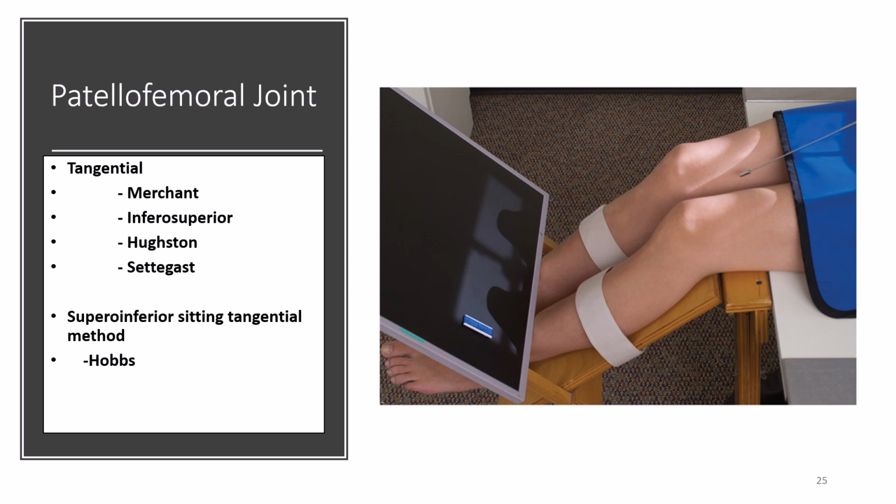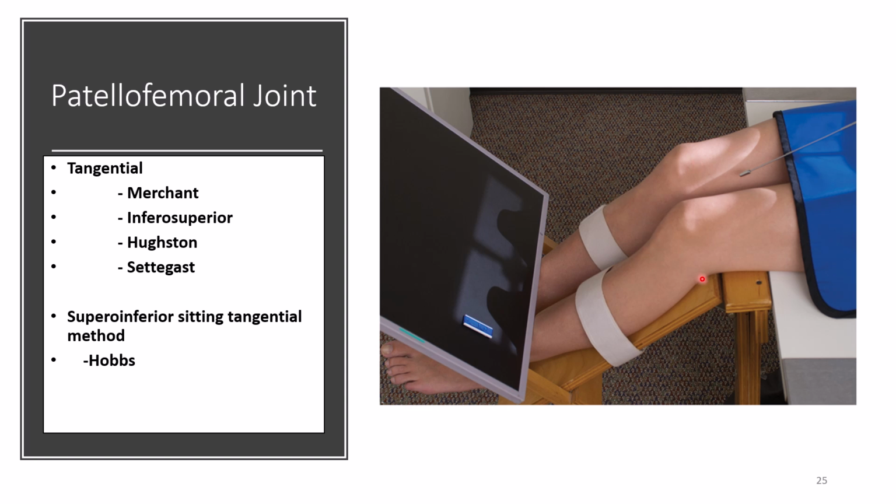These begin on page, let me find these for you, on page 259. This particular picture is the Merchant method, a bilateral Merchant method since you're doing both knees. Typically with the patella, the sunrise view can be either unilateral or bilateral. So this is the Merchant view. That is one option.